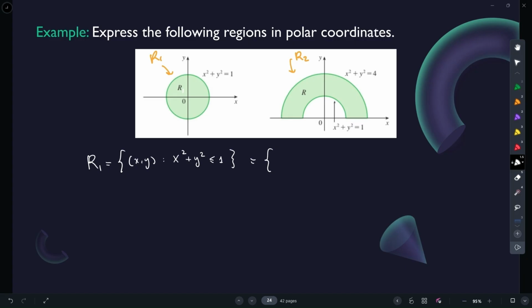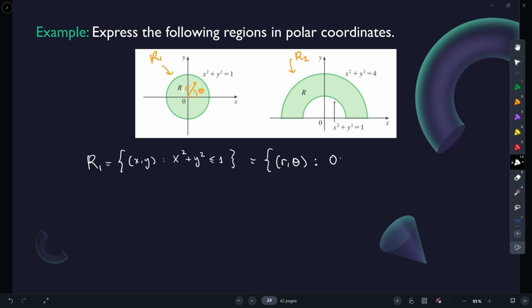Well, first of all, the angle. Let's put a point here, and let's put the theta and the r. So these are going to be points given in polar coordinates, such that the angle can go the full circle.